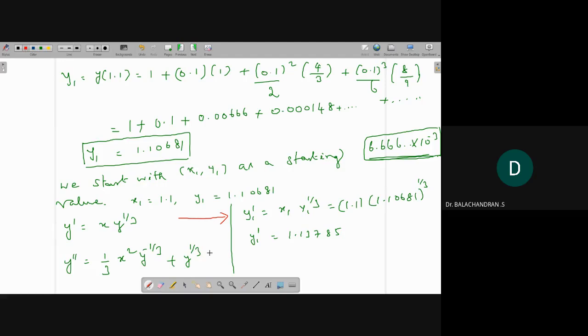So y1 double dash is equal to 1 by 3 x1 square y1 power minus 1 by 3 plus y1 power 1 by 3. Simplify and tell the final answer.